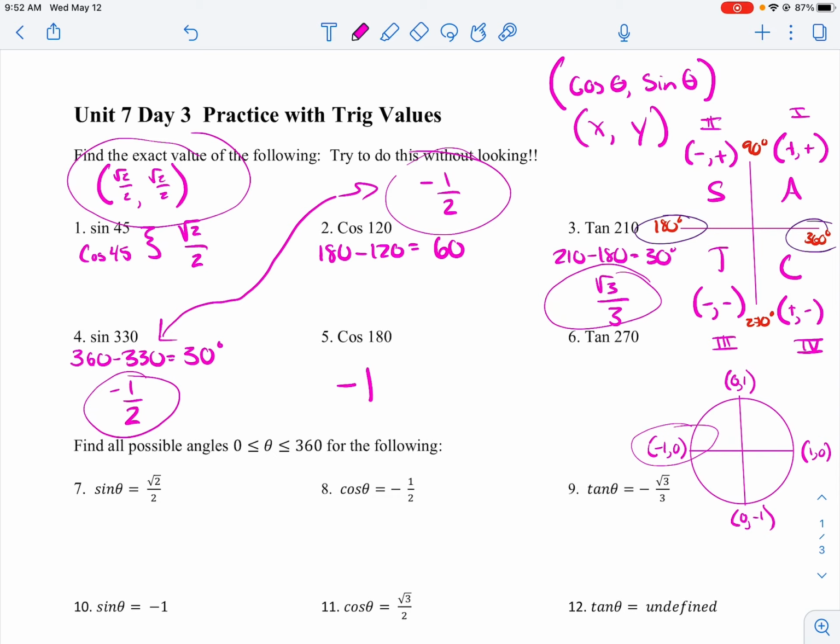And then the tangent of 270 degrees, down here: remember, tangent of theta can also be represented as sine of theta over cosine of theta, which in this case would be negative 1 over 0, which means this is undefined.